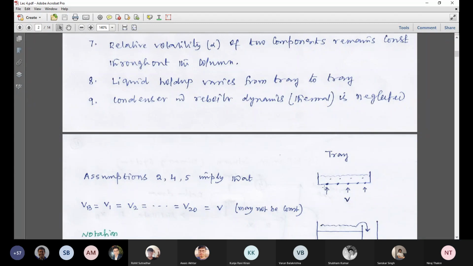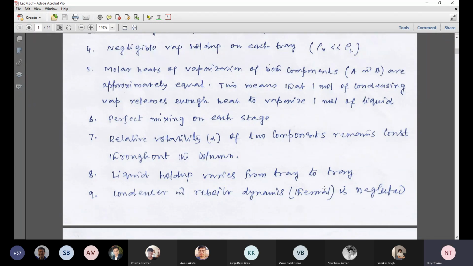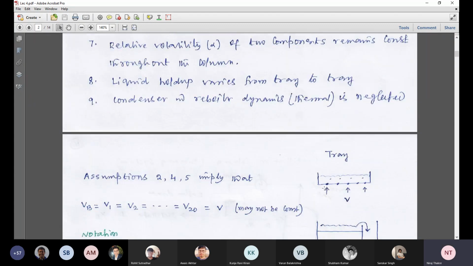Now, what is the fourth assumption? Negligible vapor holdup. So what vapor is entering, that is going out. There is no accumulation of vapor here. What is going into a tray, exactly the same amount is going out.